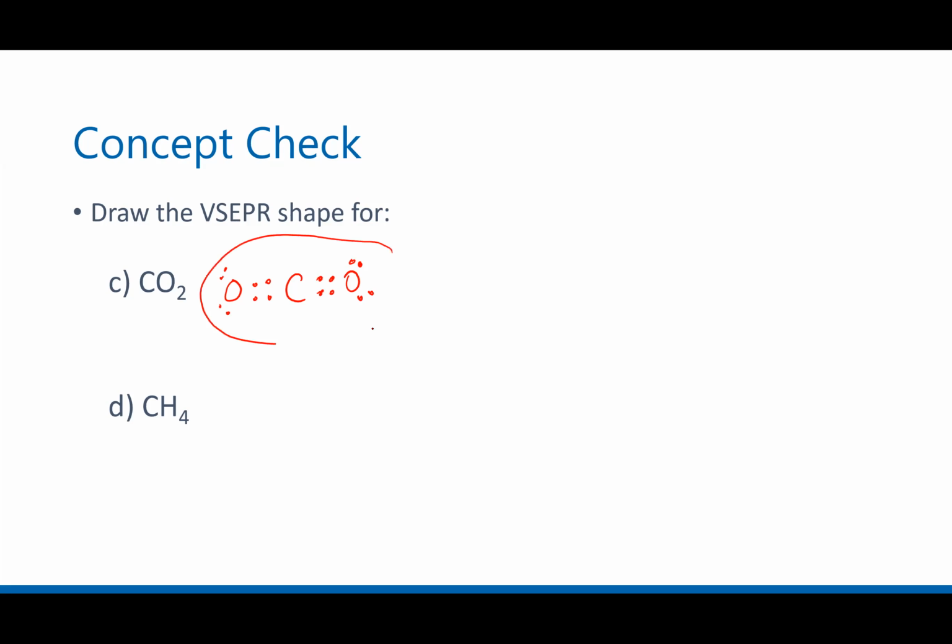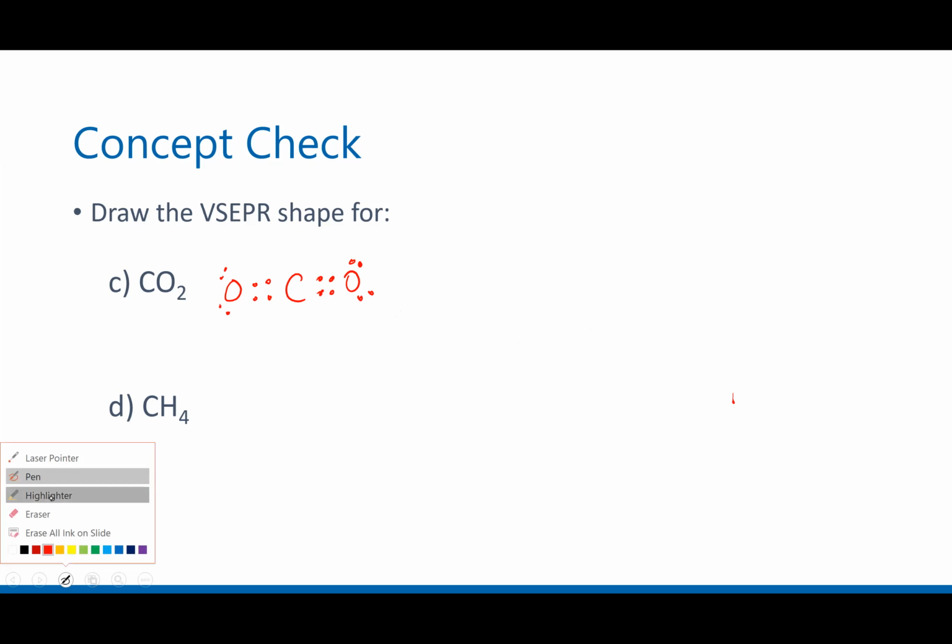How could this be tetrahedral? There's no way I could make this shape with this structure. I only have two oxygens. Where would they go? It doesn't make sense. So the answer is it doesn't have four bonds, it has two.